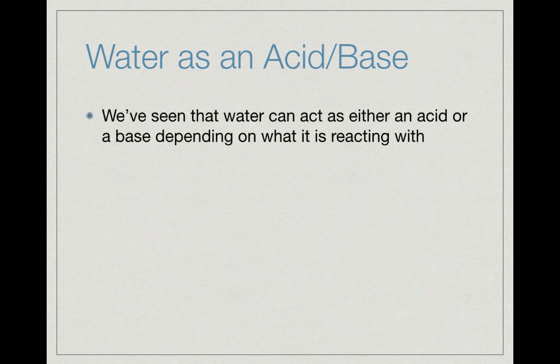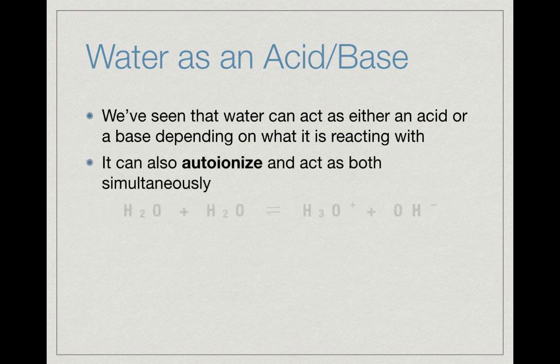Well, all of these solutions are aqueous solutions, and we've seen an interesting property of water, that it can act as either an acid or a base depending on what it's reacting with. Another interesting property of water is that it can auto-ionize, and it can act as both an acid and a base simultaneously with itself.